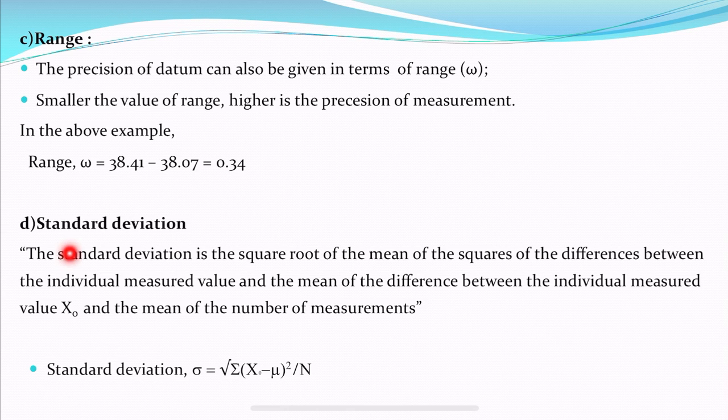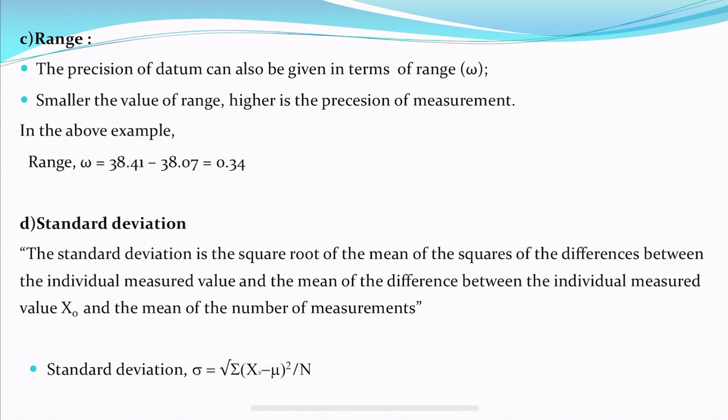And next is standard deviation. This is very important, as I said in my last class. The standard deviation is the square root of the mean of the squares of the differences between the individual measured values and the mean of the number of measurements.